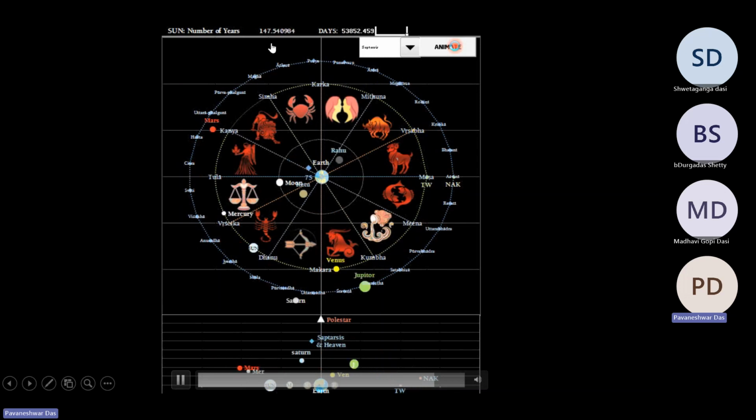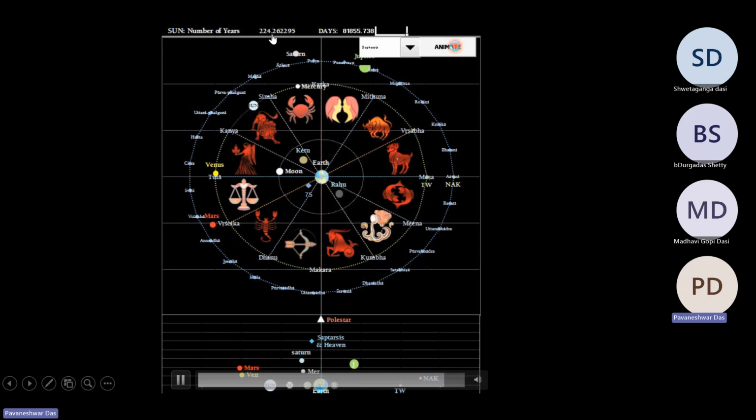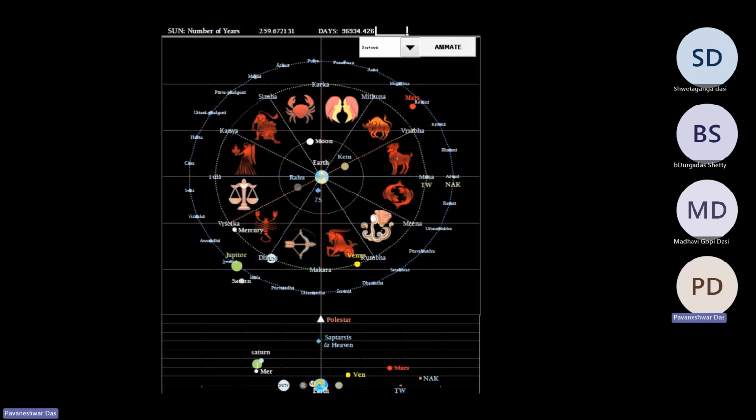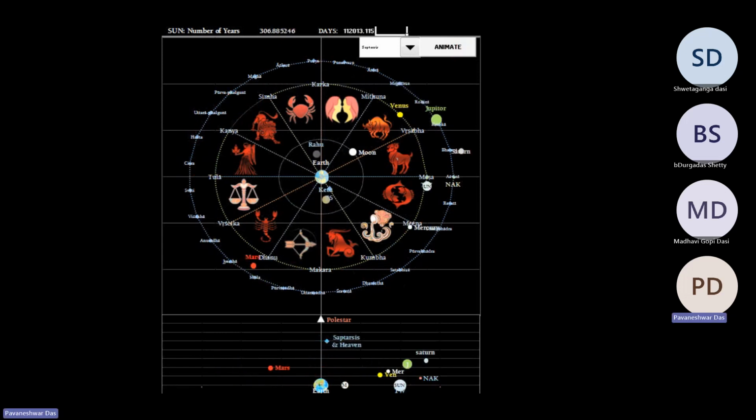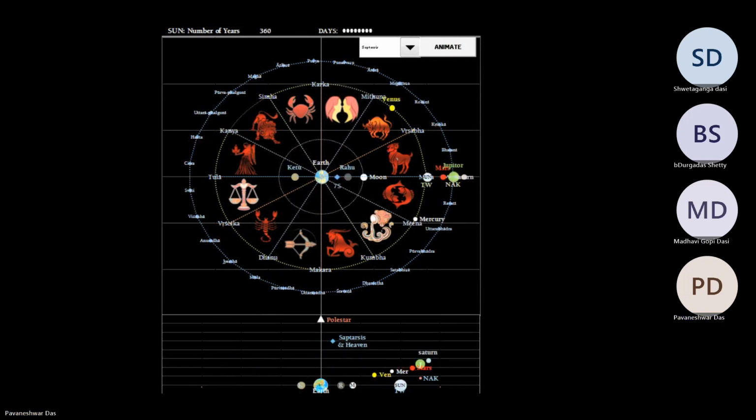That would take 360 years. So because of the relative motion of Svargaloka, whatever luminaries are there in Svargaloka, with respect to the sun and Kalachakra, over 1 year they have day and night, over 30 years they have 1 month, and over 360 years they have 1 year.